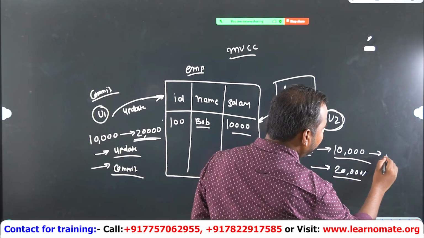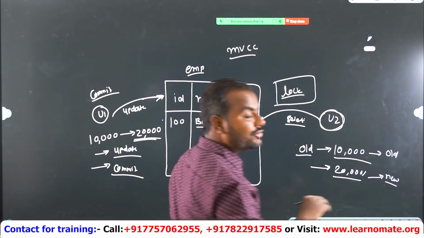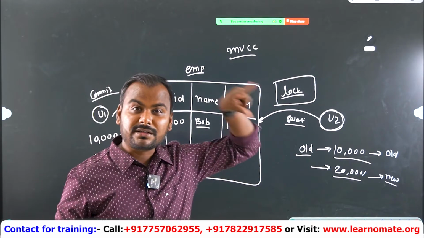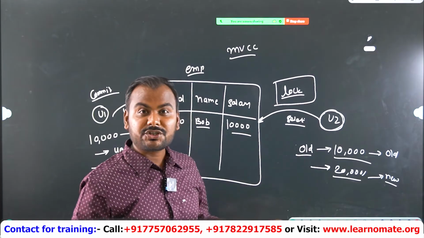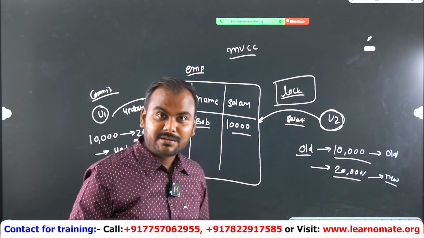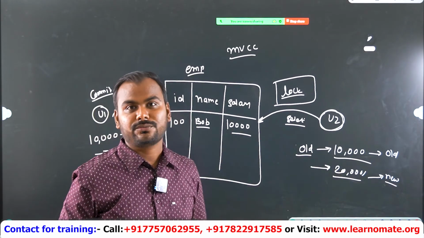Before the commit, he can see only the old salary, and after the commit, he can see the new salary. How is it different from other databases? In other databases, user 2 cannot run the query itself. But here, he can run the query and see the older value.